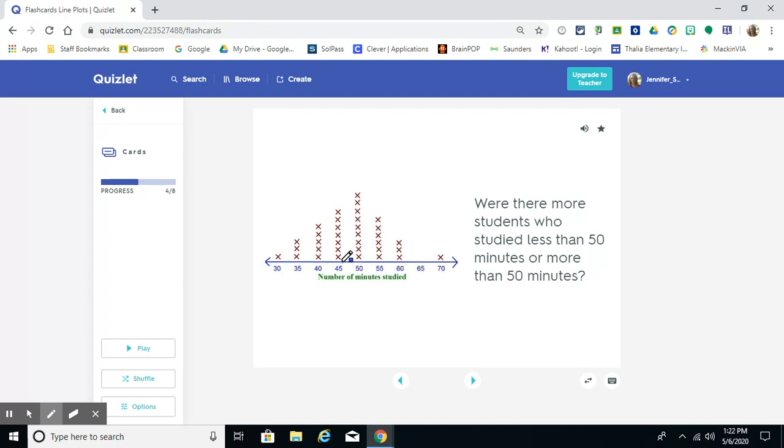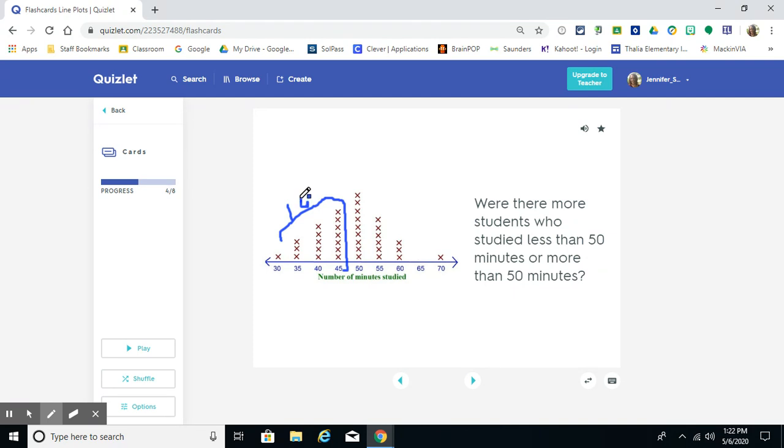So we're starting at 45 minutes and we're going to count. 1, 2, 3, 4, 5, 6, 7, 8, 9, 10, 11, 12, 13, 14, 15, 16. So 16 students total reported studying less than 50 minutes.